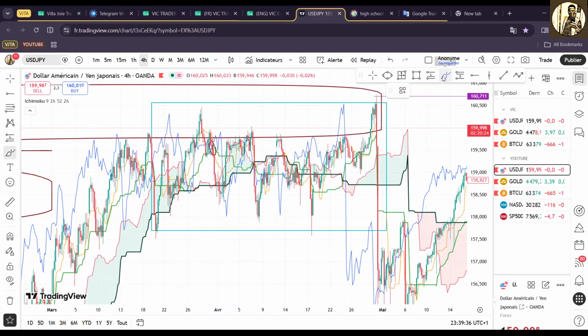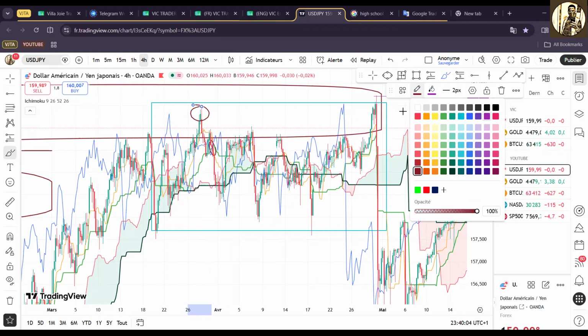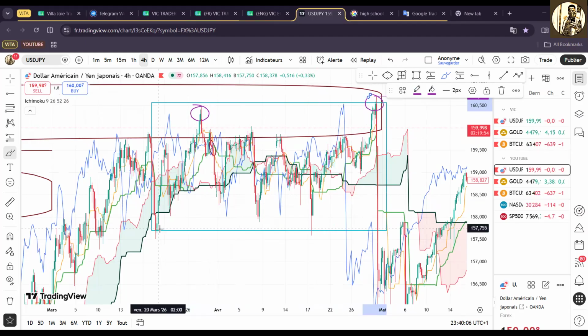What you need to see is that the best way to enter during this range is inside this empty space here above, and on SSB.